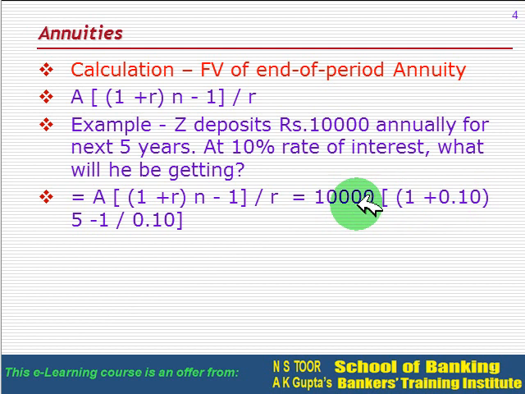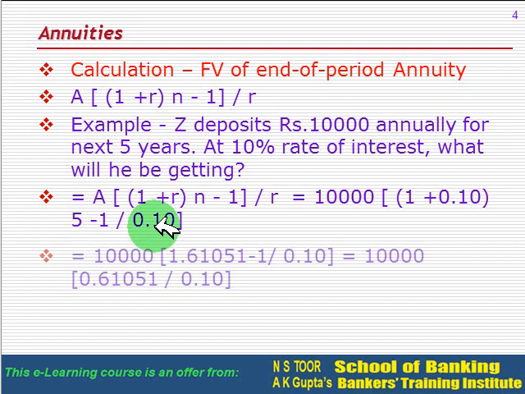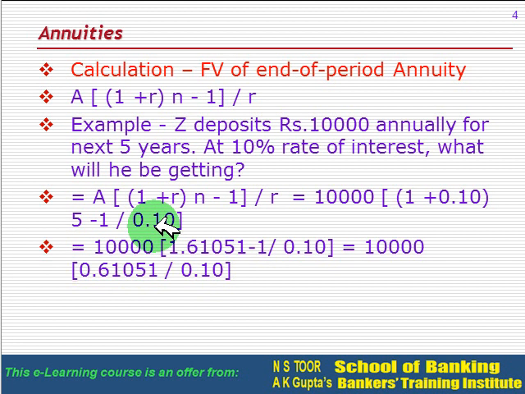So 10,000 is the amount of annuity, 1 plus interest rate raised to power 5 minus 1, divided by rate of interest. So this is what we get. And finally, this is the amount we get.